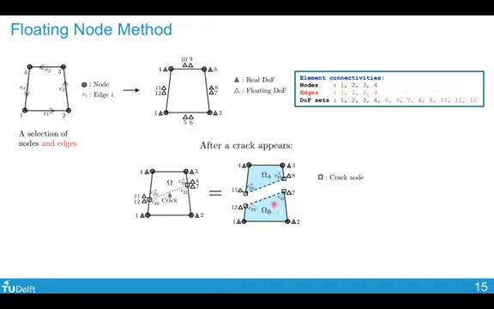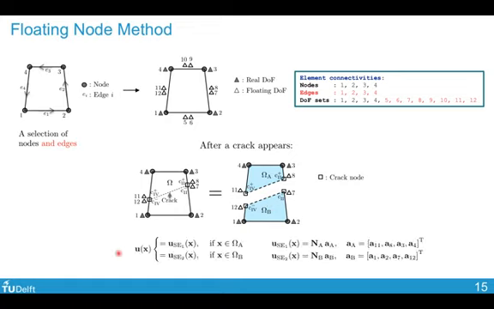So that's not the case with the phantom node method or XFEM. And when you want to describe the displacement field in this element, you simply write just a control parameter.